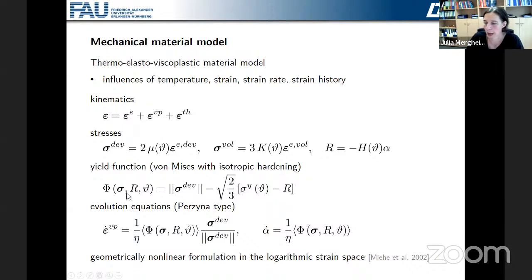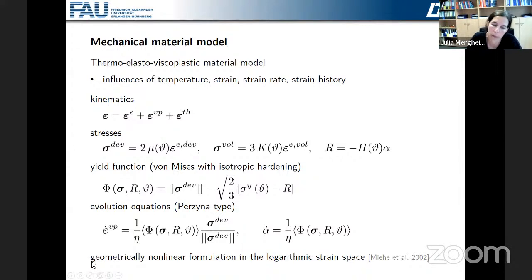We also introduce some hardening in the plasticity model, which is governed by von Mises' yield function with isotropic hardening, which is given here. And the rate dependency, in particular for higher temperatures, is governed by a viscoplastic Chaboche type model, where we have here the evolution equations of the viscoplastic strains and the internal variable for the hardening.